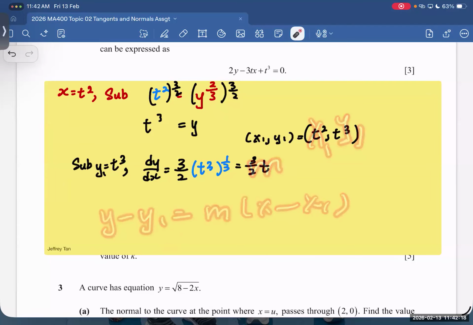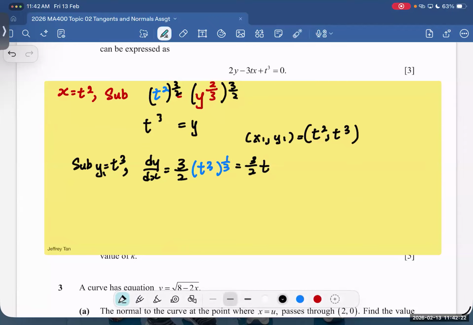Okay, so with that, the equation is as follows: y minus y1 equals gradient times x minus x1.